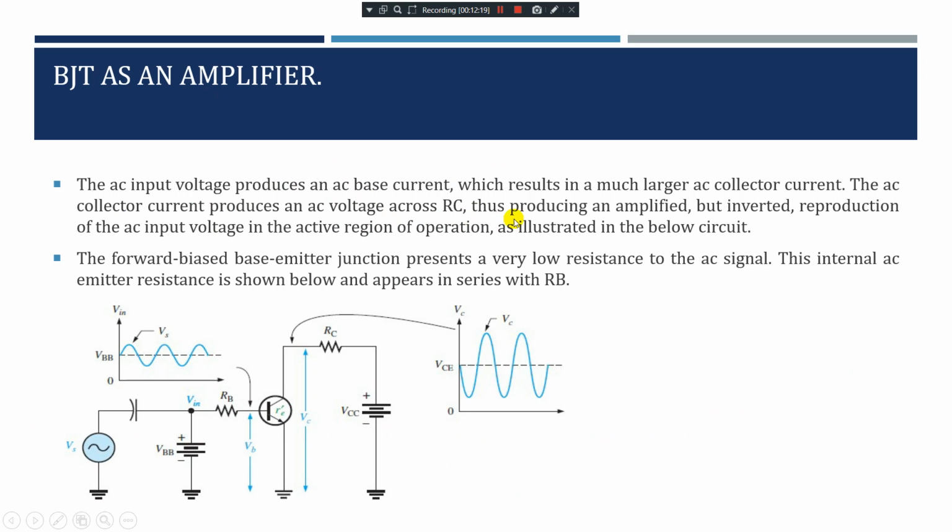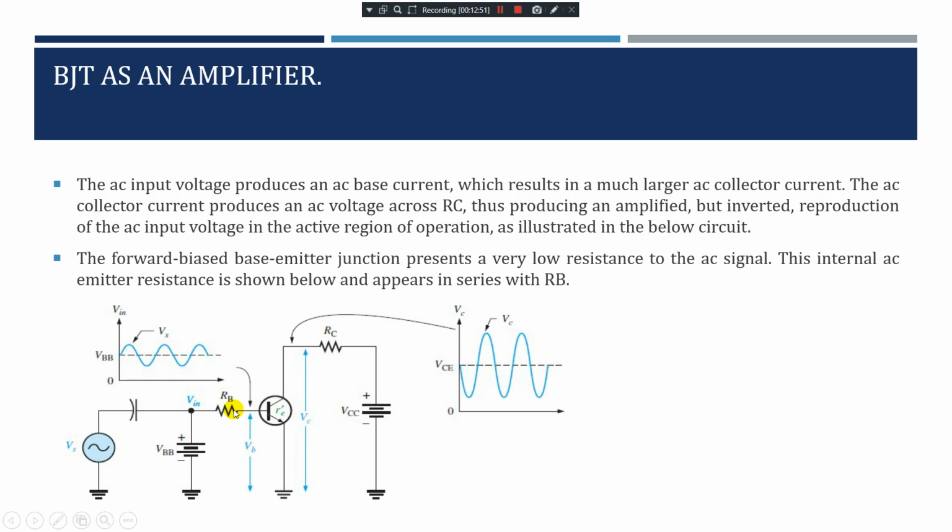As we have studied, RB is very less voltage compared to your RC and RE. I'm speaking about the current. The more the current which is flowing from RC to RE, the collector IC is equal to IE.